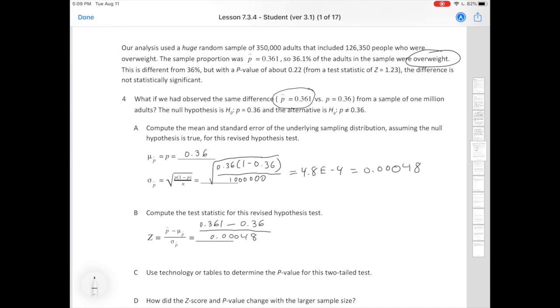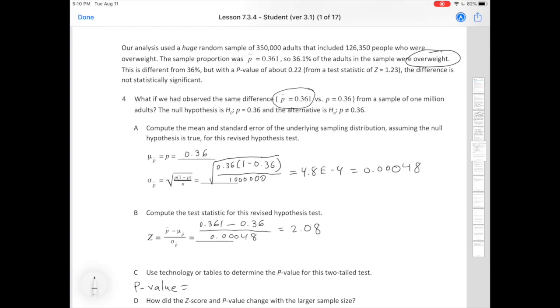So if we put that in our calculator, we actually end up with 2.08 if I round it to 2 decimal places. So now we're going to figure out the p-value. What would the p-value be?